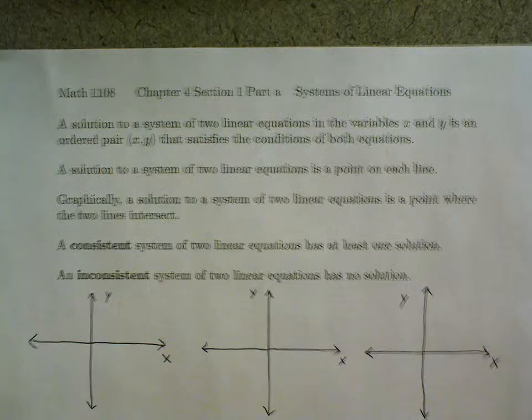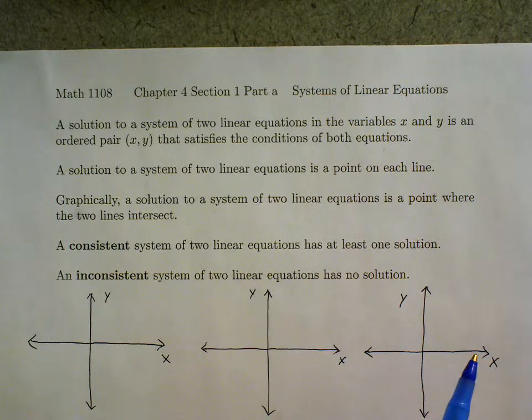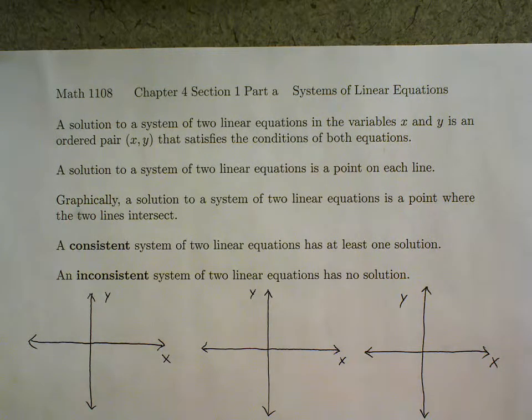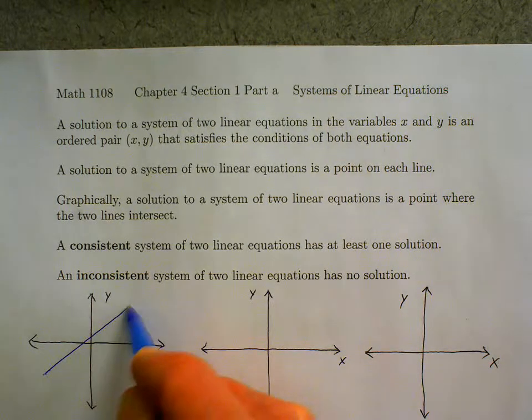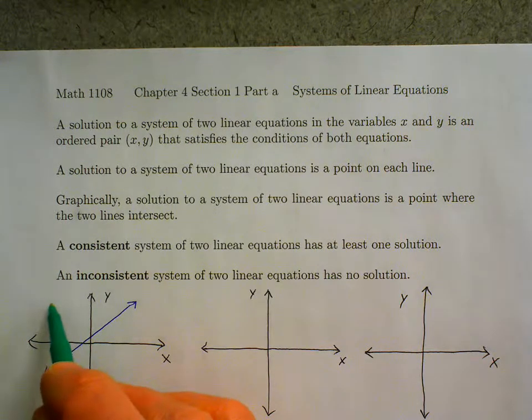Okay, first one on the left. If we graph two linear equations that have different slopes, so this is just one way I could draw a line, and suppose there's another line with a different slope.